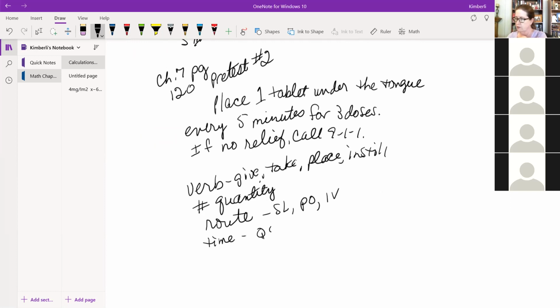That could be Q4 hours, it could be Q5 minutes, but we want to write it out for the patient because patients don't know what that means. And then, if they don't put what it's for, then we don't put what it's for. For instance, if it doesn't say for chest pain, then we're not going to put chest pain.